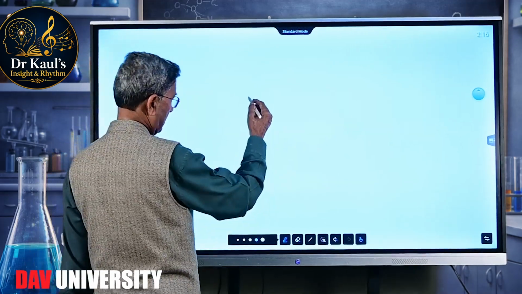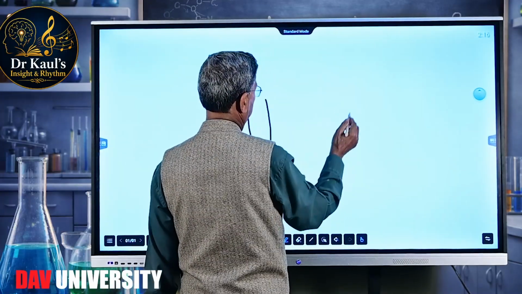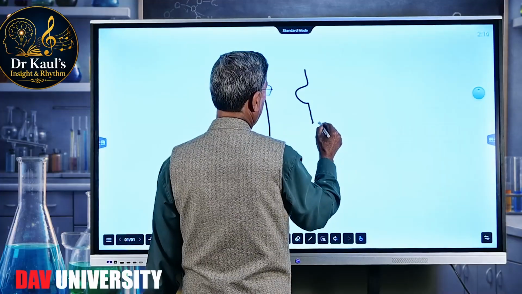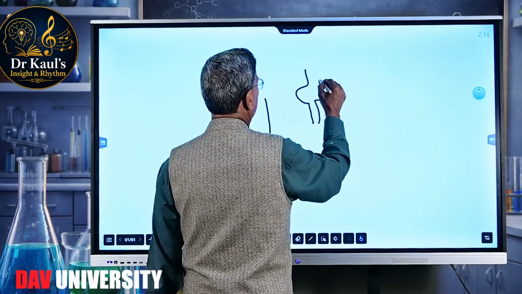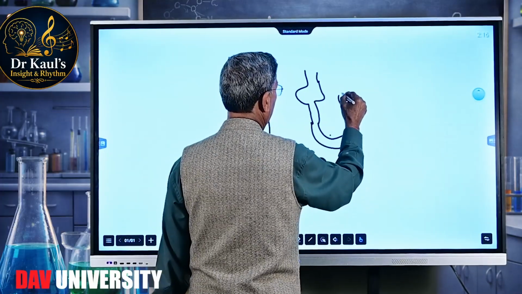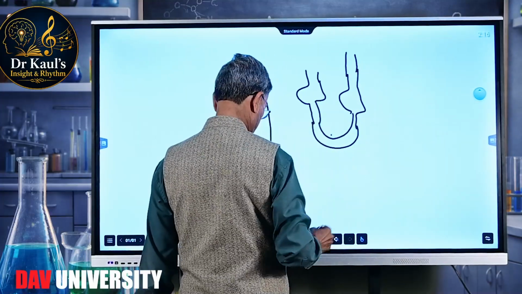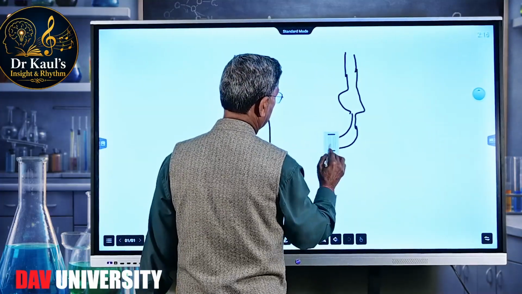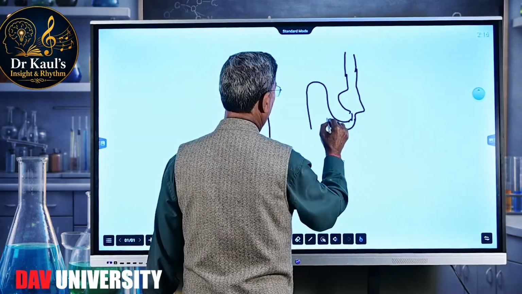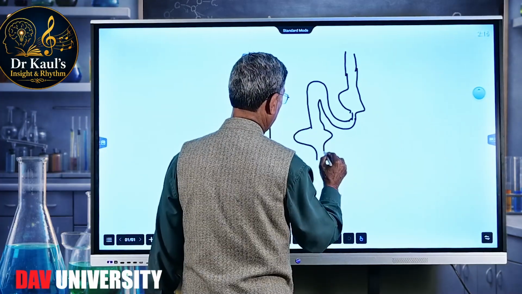This is usually done, suppose this is a test tube and we have got a sort of apparatus, you may have it like this or like this.